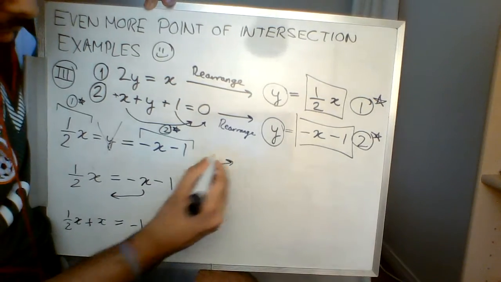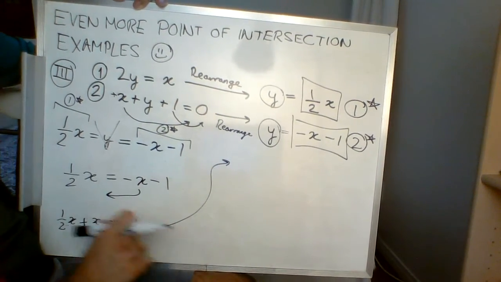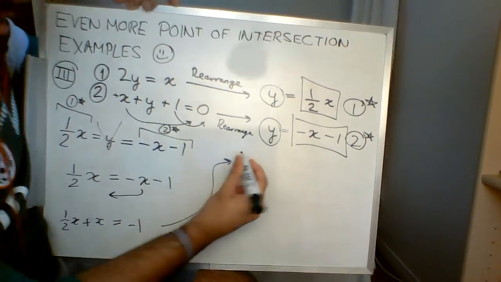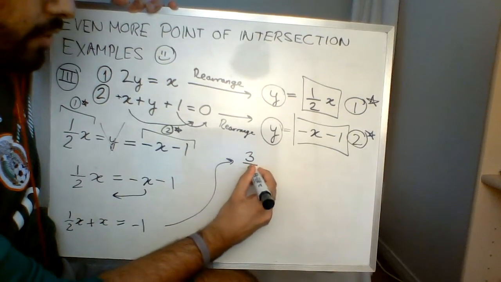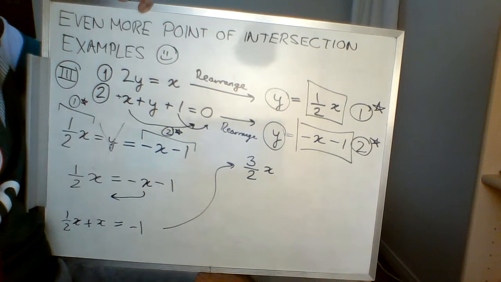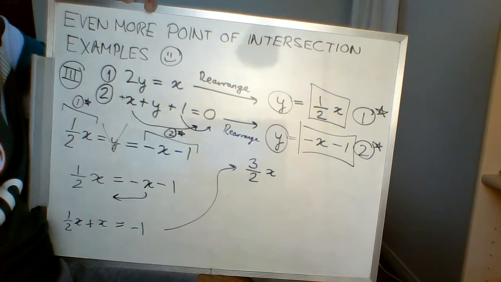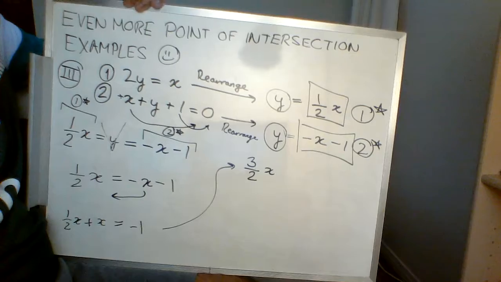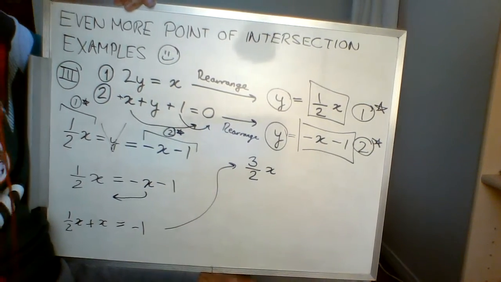So solving for x, 1/2 x plus x, if you go through that, that should give you 3/2 x. That's like saying you've got a pizza plus half a pizza. You've got 1.5 pizzas, which is the same thing as 3/2 of a pizza, right?